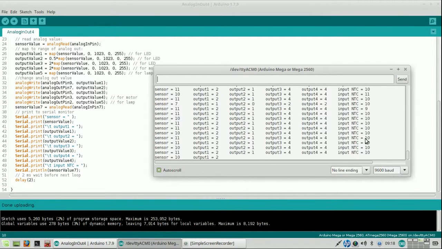So basically, when I turn on the fan by turning on the potentiometer, the value should increase. So let's see how that actually works out.